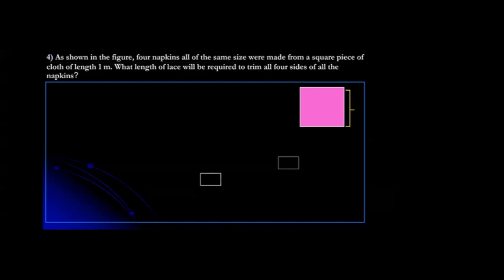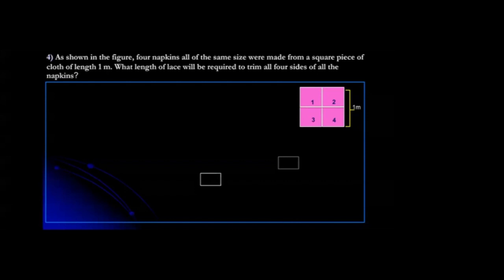So, what length of lace will be required to trim all 4 sides of the napkin? So, see, the square is there and the length is given as 1 meter. And how many napkins do we have to prepare? We have to prepare 4 napkins of equal size.